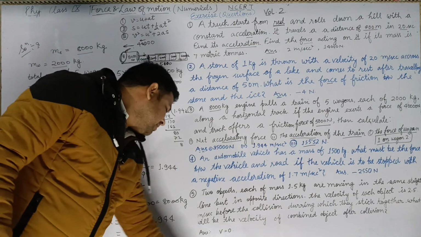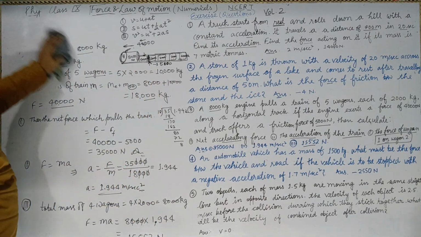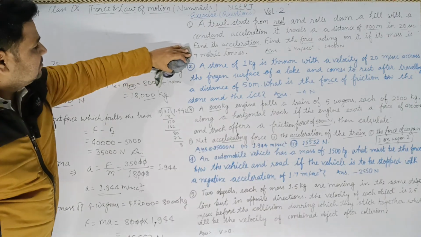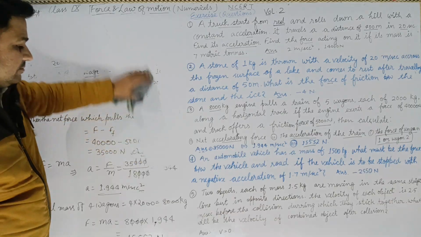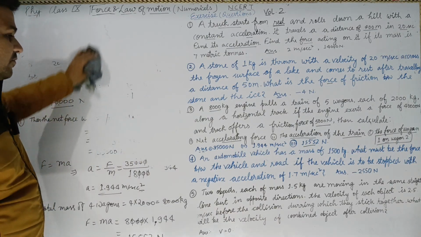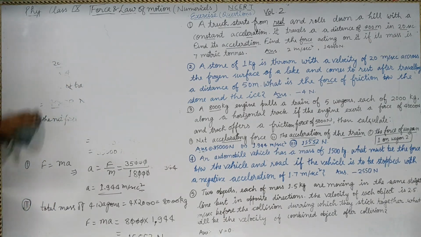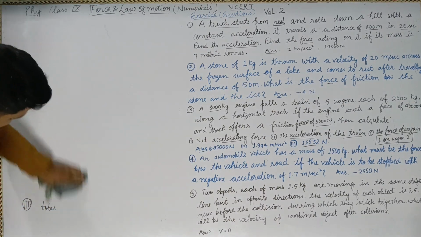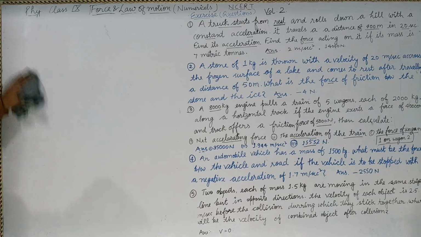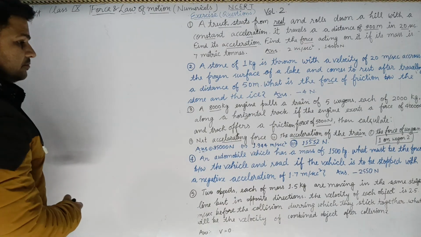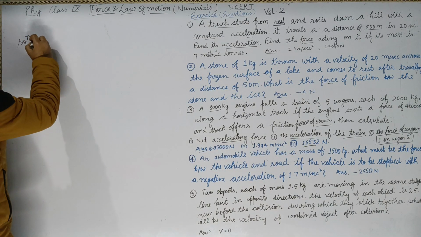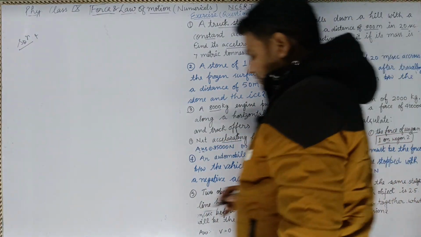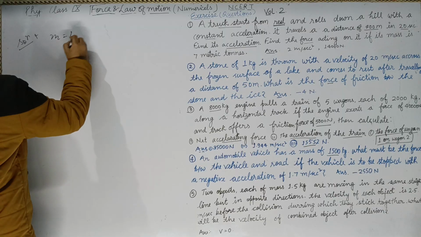In the next question, question number 4, it says that an automobile vehicle has a mass of 1500 kilogram. Mass is 1500 kilogram.